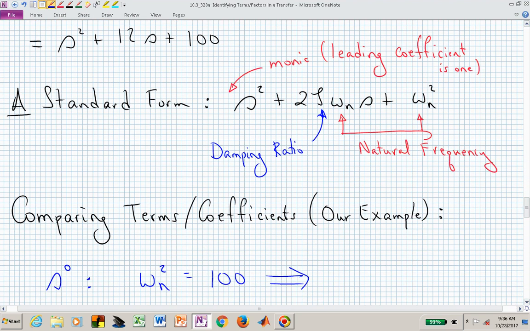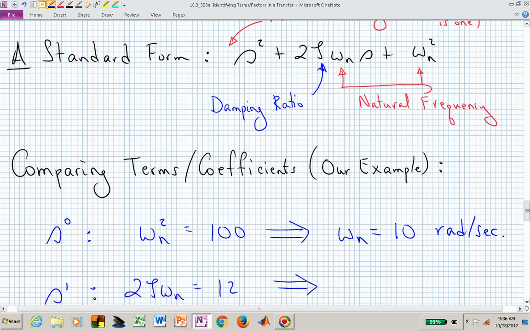In our case, we can see that the natural frequency squared is equal to 100, or omega sub n, we can easily take the square root of 100. That's now 10 radians per second. That's our natural frequency in this particular example with that quadratic factor.